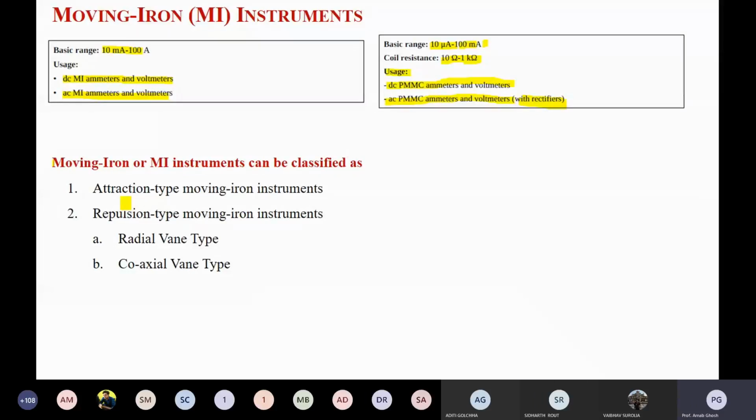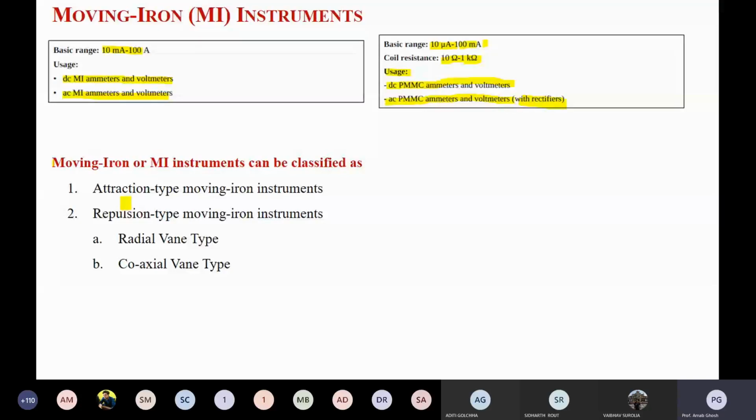I am coming to my next slide, where I will discuss their operation. Before starting, I want to say something: if magnetics is directly related to your system, then magnets have two types of principle. One is called the attraction principle, another is called the repulsion principle. If a magnet attracts another ferromagnetic or magnetic substance, that is called the attraction principle.